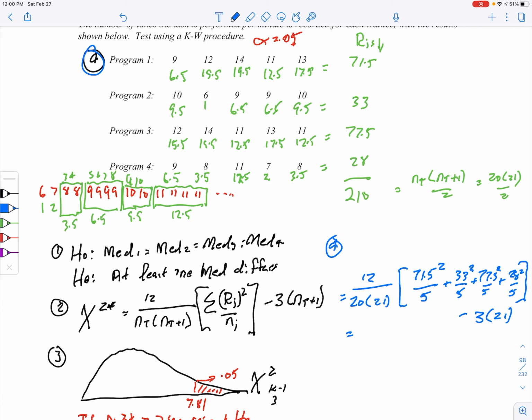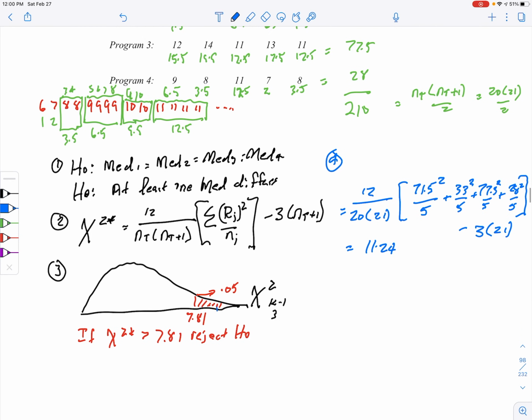And when the smoke clears on that one, you're going to get, what do you get here, 11.24. So 11.24, of course, falls right in here. And so what we would say then is 11.24 is greater than 7.81. Therefore, we're going to reject HO.